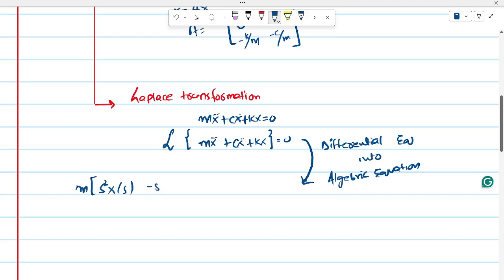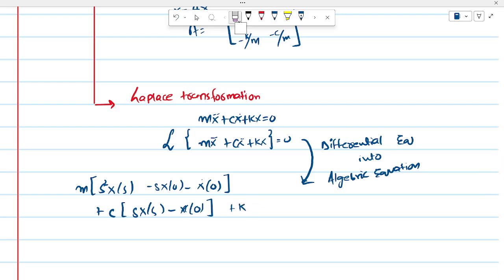Minus s x of 0 minus x dot of 0, and that's all, plus c, it becomes s x of s minus x of 0, that's all, and plus k x of s equal to 0.